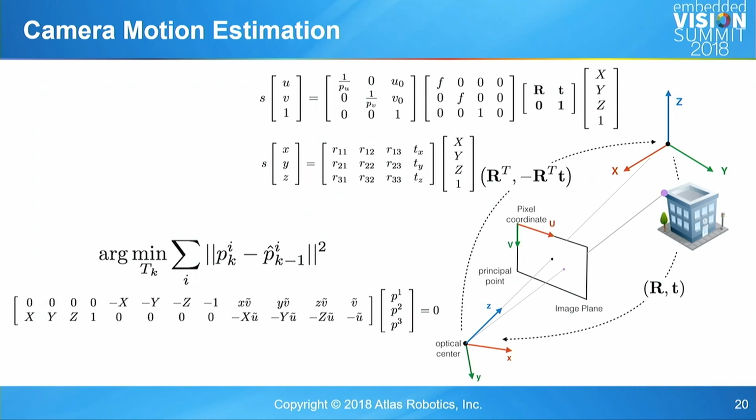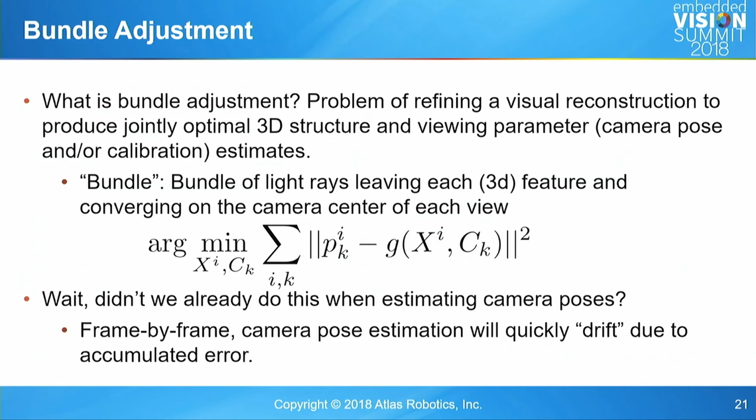As I mentioned earlier, in SLAM each block is actually solving a nonlinear least squares problem, as you see here. Bundle adjustment is solving about the same problem, which is minimizing the error between the point you see in the image and the transformation, or the way you project that 3D point into 2D.